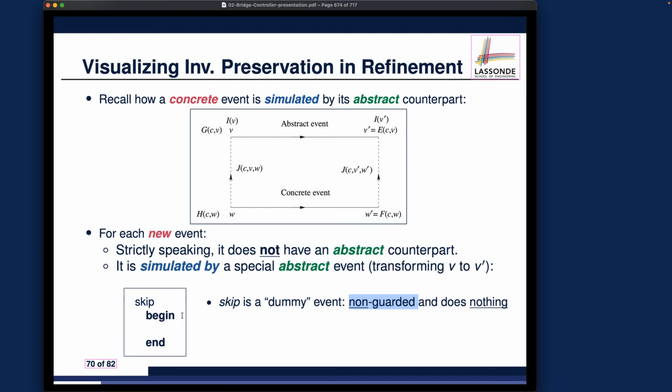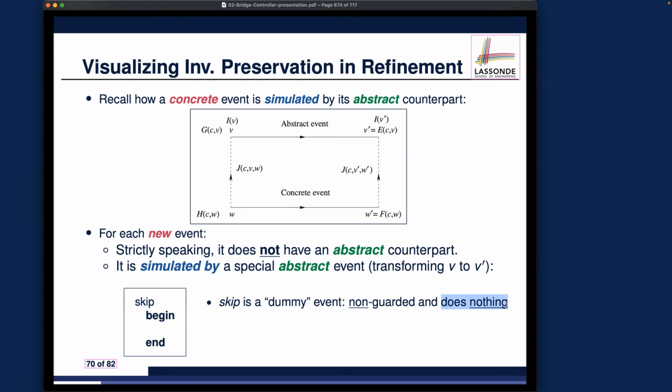So in the case of normal events, if the guards are simply absent, then it's very likely that the continuous occurrence of the same event may violate the invariant. But in this case, you might argue that for the skip event, it simply does nothing.